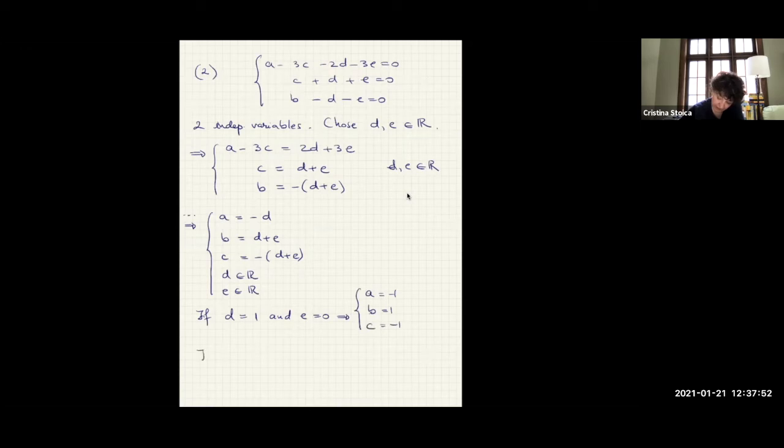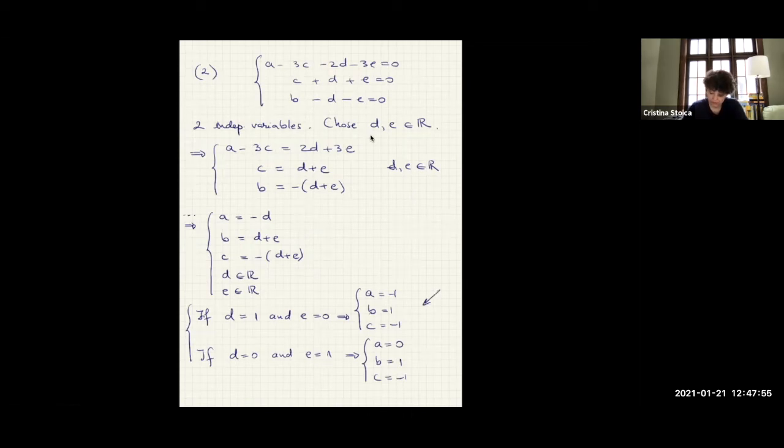And the other way around, if D is 0 and E is 1, I'm taking the 2 independent directions in the linear space of solutions: A is 0, B is 1, C is minus 1, fine.